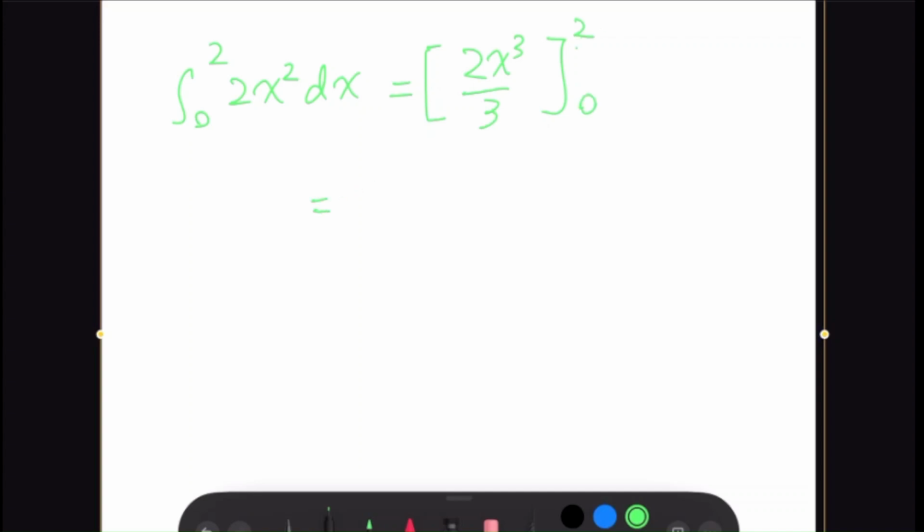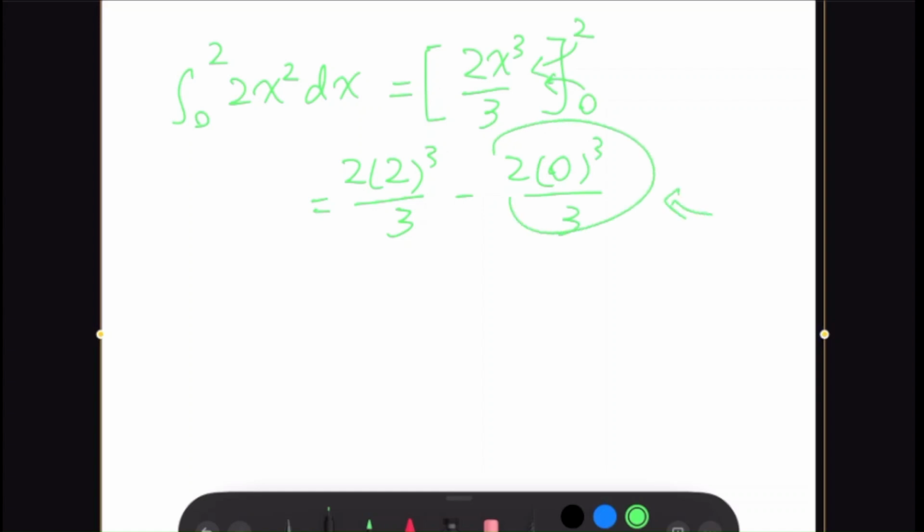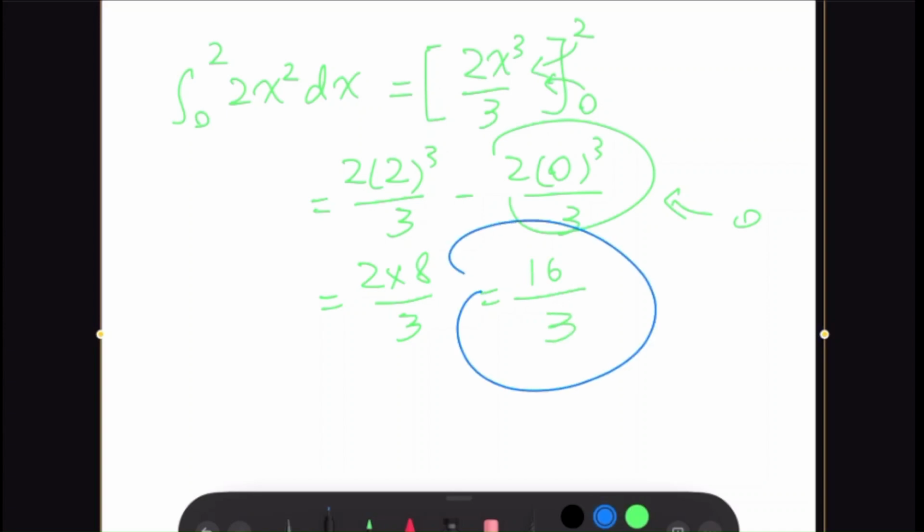And then we'd sub the 2 and 0 each into it, but then we minus it. So basically what then happens is 2 cubed over 3 minus 2 times 0 cubed on 3, which obviously is just 0. And that is how we'd end up with 2 times 8 on 3, which equals 16 on 3. Great job, guys.